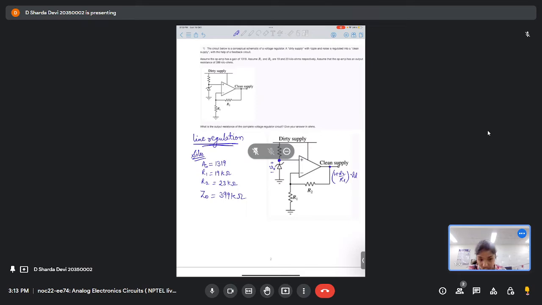So we need to find out what is the output resistance of the complete voltage regulator circuit.